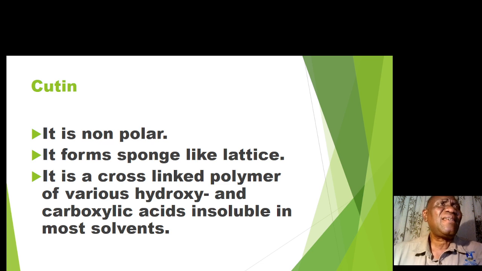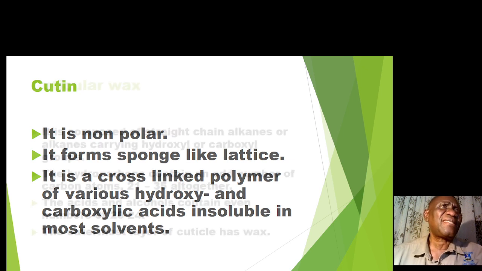So what is the cuticle? It may consist of cutin, which is nonpolar. It forms a sponge-like lattice. It is a cross-linked polymer of various hydroxy and carboxylic acids, which are insoluble in most solvents.